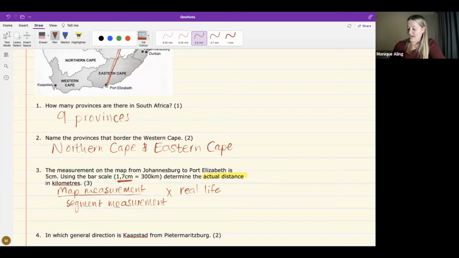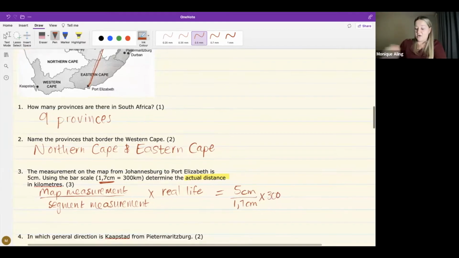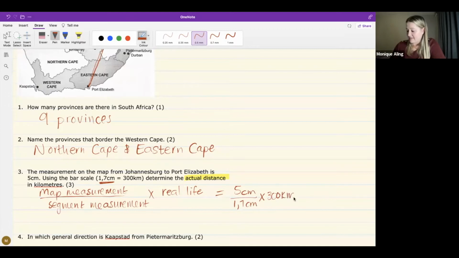Okay, so we've got our map measurement. It was given to us. The distance between Johannesburg and PE is 5 centimeters. The segment measurement or bar scale measurement was also given to us. It was 1,7 centimeters. And we times by the real life part of our scale, which is 300 kilometers.